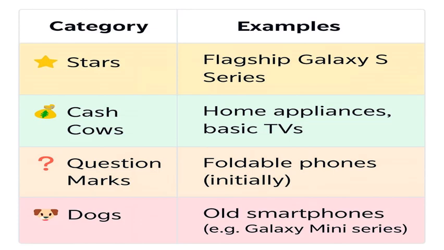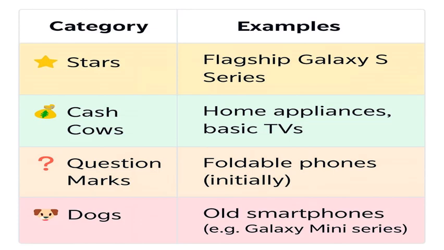These products are fast growing markets but haven't captured much share in the market. So these products require heavy investments. That's why these phones come under the category of question mark.